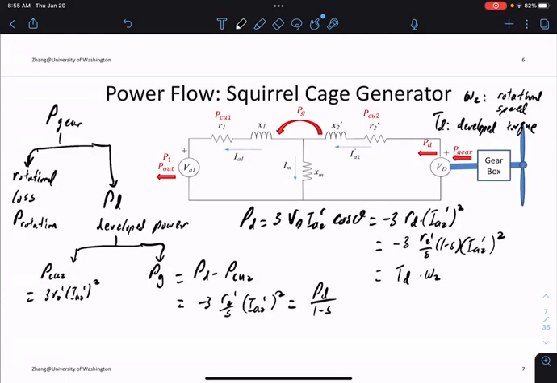Another useful fact is to think of this as the developed torque times the synchronous frequency. If you look at the equation, that's the way it works out. In terms of torque, you have the same torque going through the system, and once it gets to the primary side, it's spinning slower at the synchronous frequency. So you have some torque coming out of the gearbox.